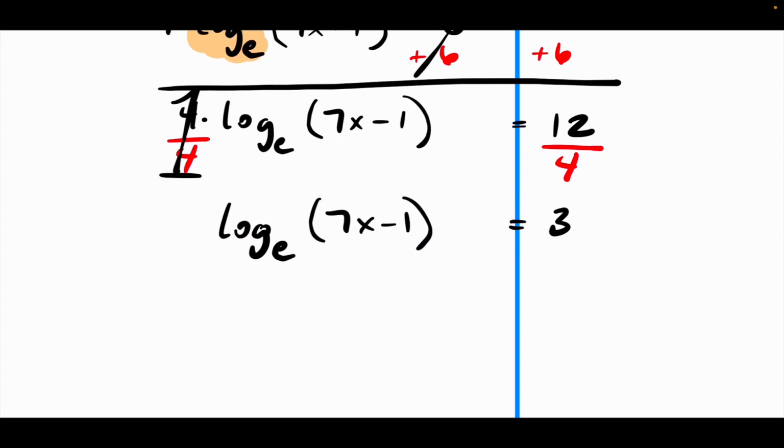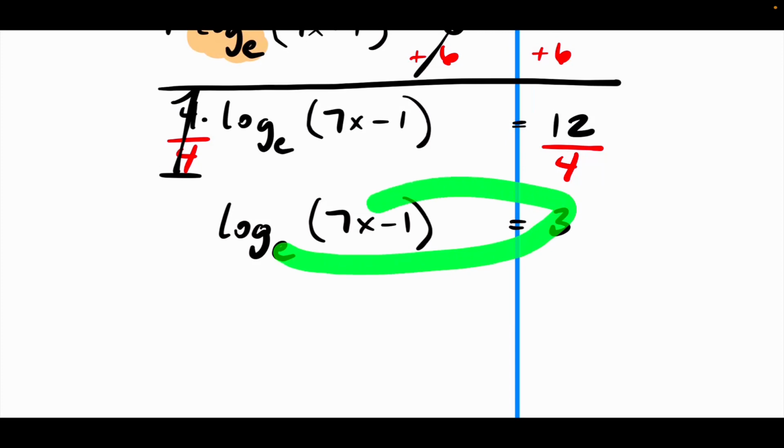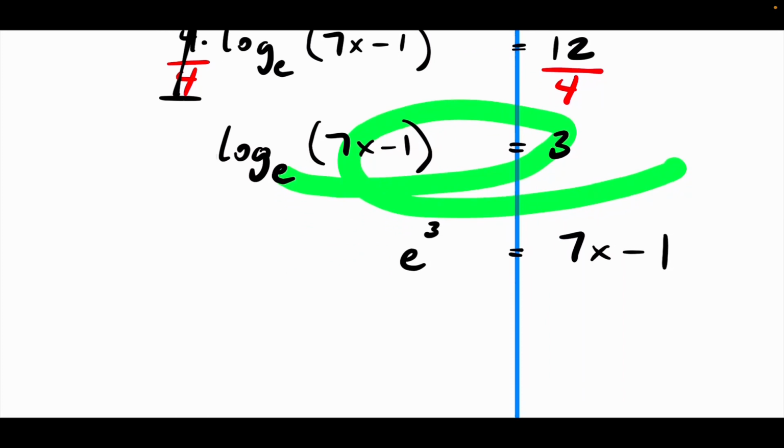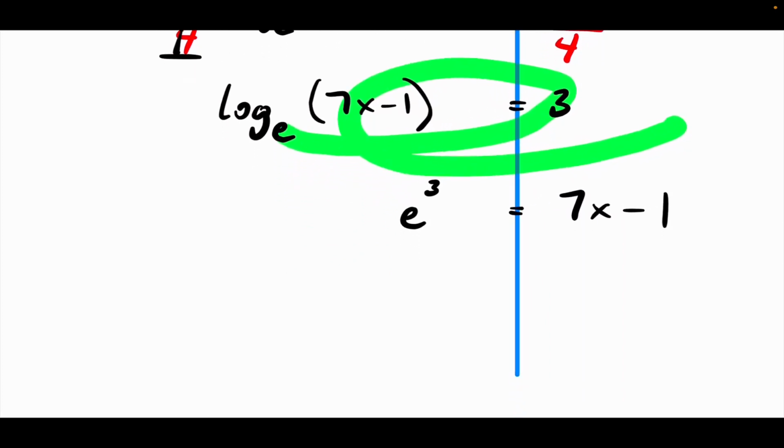Okay? So there we go. It's going to be e to the third power equals 7x minus 1. Now 7x minus 1 no longer has the log part of it, so now it's free. Solve for x. How do I get x by itself? Got to go back to the bottom now. Add 1 to both sides.